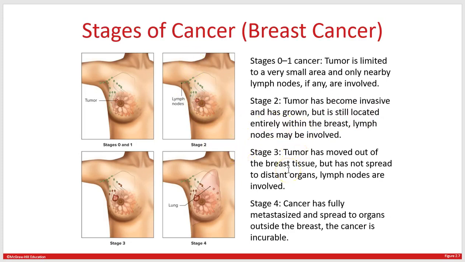Stage 3 means the tumor has moved out of the breast tissue, but has not spread to distant organs. And in stage 4, the cancer is fully metastasized and spread to organs outside the breast. At this point, the cancer is incurable because now the cancer can be anywhere in the body, and so it's difficult to remove.